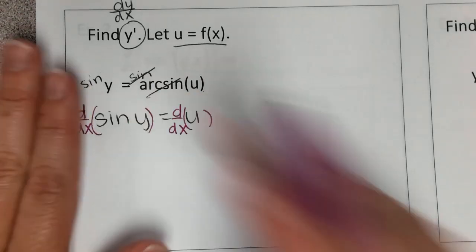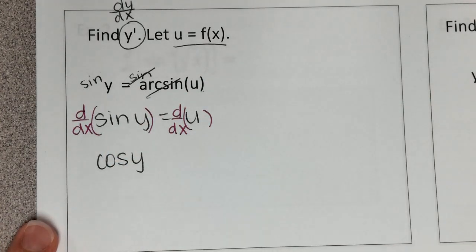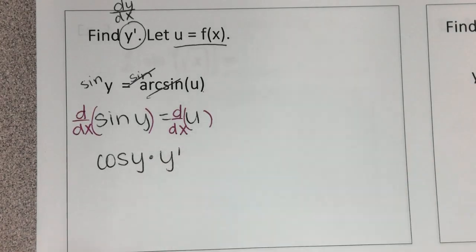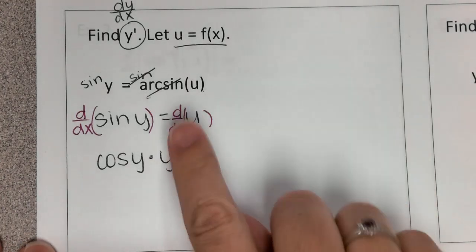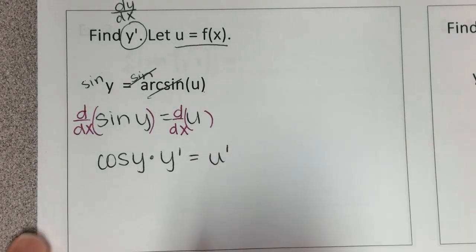We said the derivative of sine is cosine of y times the derivative of the inside, dy dx, or y prime. Okay, that side's good. This side, what's the derivative of u with respect to x? It's literally just du dx. What's another way to write du dx? U prime. So let's just keep it simple. U prime.